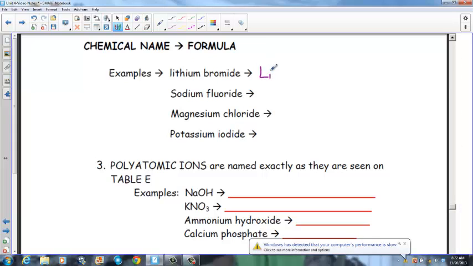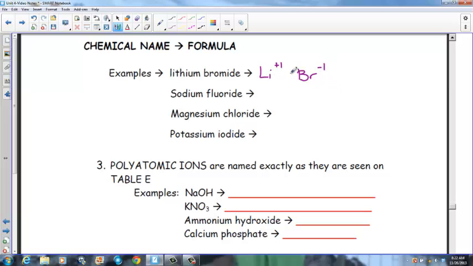So we have lithium, and we also have to look at the oxidation numbers, and bromine. Okay, so those are our two elements here. We have the metal and the nonmetal. We look up their oxidation numbers. Lithium is a +1, bromine is a -1.